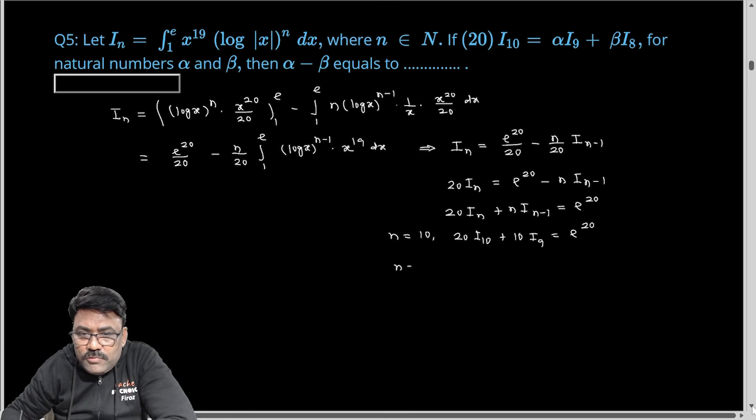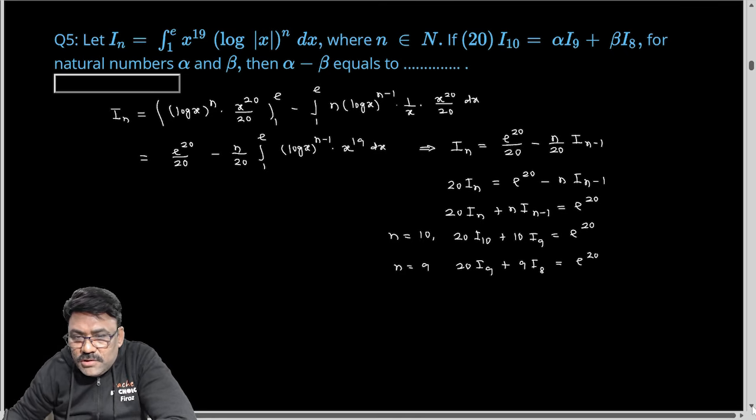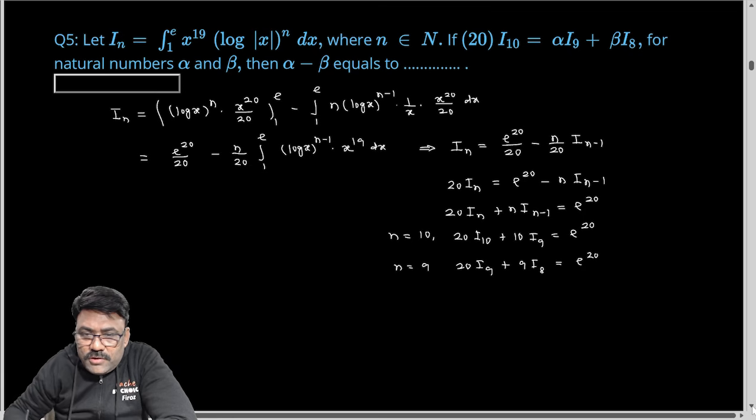Then put n equal to 9. So 20 I9 plus 9 I8. It is also e raised to 20. And since both are e raised to 20, you can equate them. So when you equate them, you are getting 20 I10 plus 10 I9 is 20 I9 plus 9 I8.